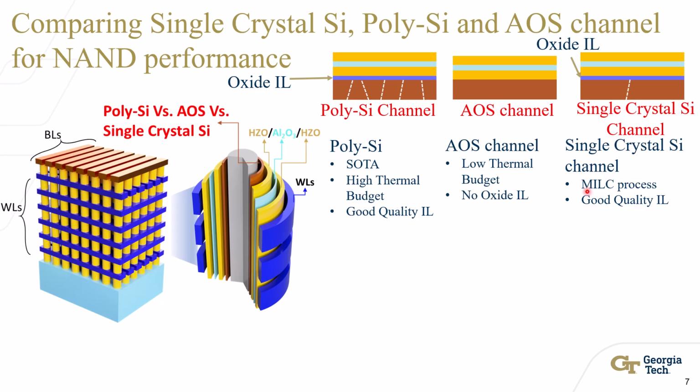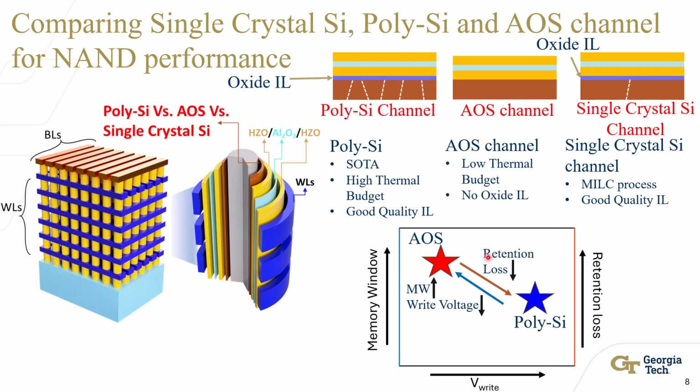There has been a lot of recent work done, such as metal-induced lateral crystallization, where the amorphous silicon in the 3D NAND is crystallized in a way where the grain boundaries are significantly reduced, to an extent that the performance becomes comparable to that of a single crystal silicon channel. This is also not used in the industry currently, but it has been explored significantly as a possibility for future NAND flash applications.